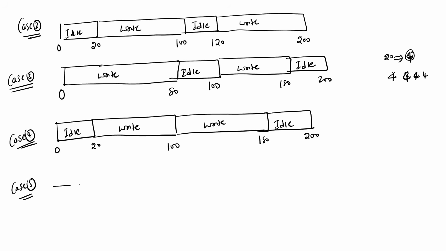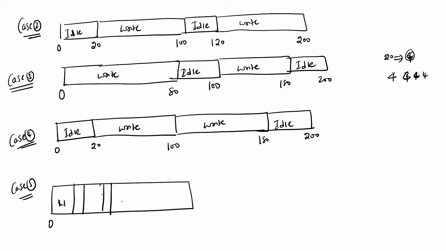So here, 5 cycles means here 0, here write operation, 4 cycles idle, again write operation. Here write operation, again here write operation. These are the idle cycles. So this is a write operation, this is a write operation, and this is a write operation. Like this 5 cycles will be idle.